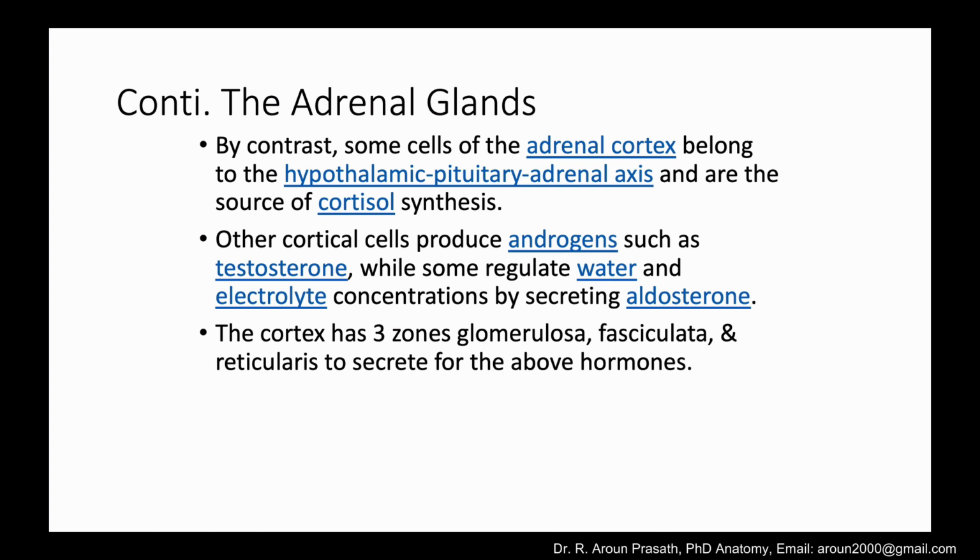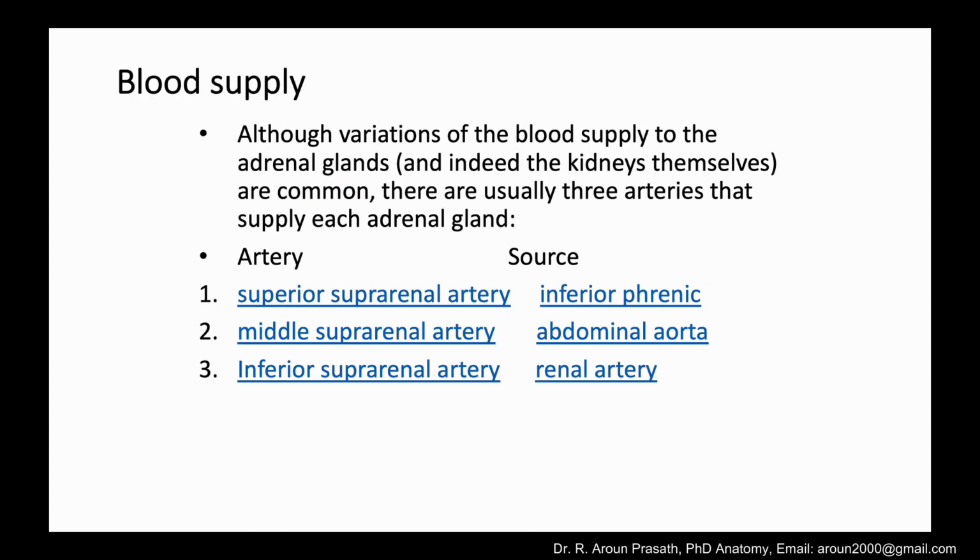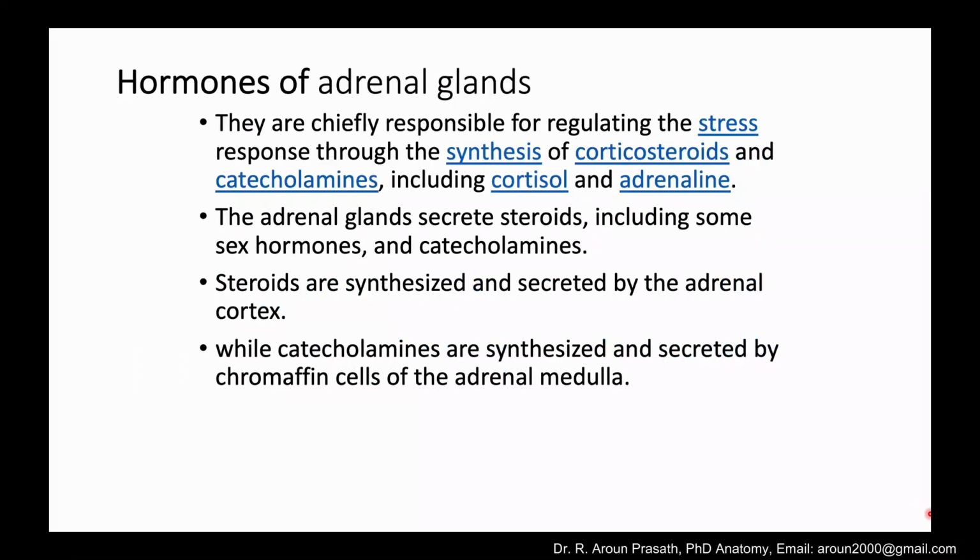The first layer is the zona glomerulosa, the next layer is the zona fasciculata, and the third layer is the zona reticularis. We will see the respective secretions. Coming to the blood supply, the adrenal gland receives blood from the superior suprarenal artery, the middle suprarenal artery and the inferior suprarenal artery. These are the vascular supply for the gland.